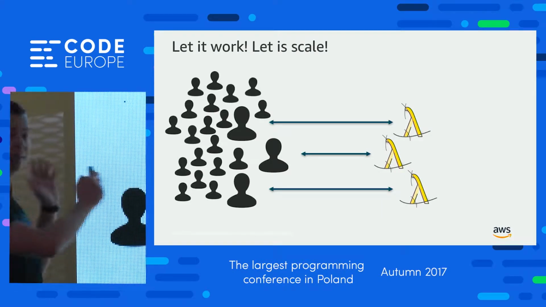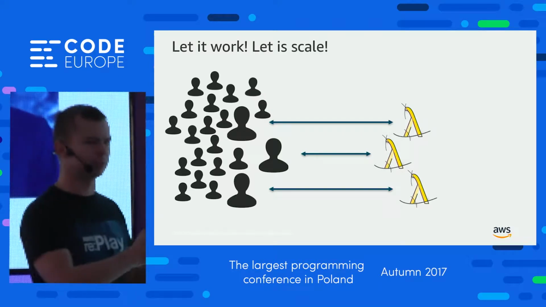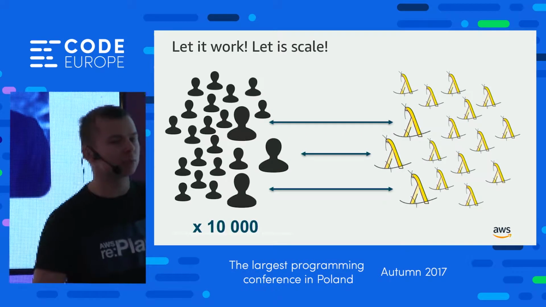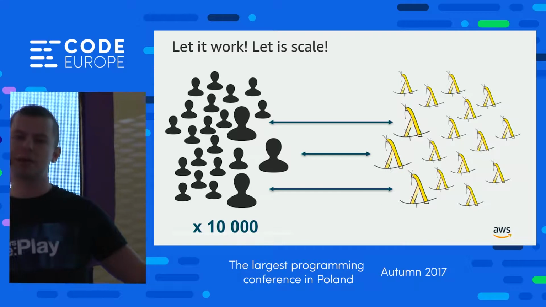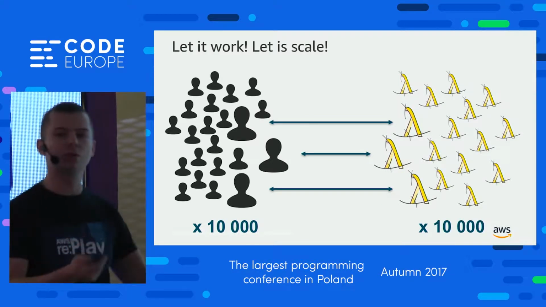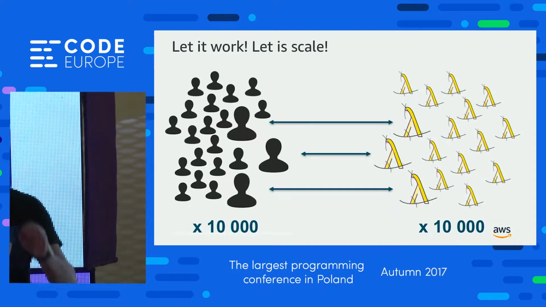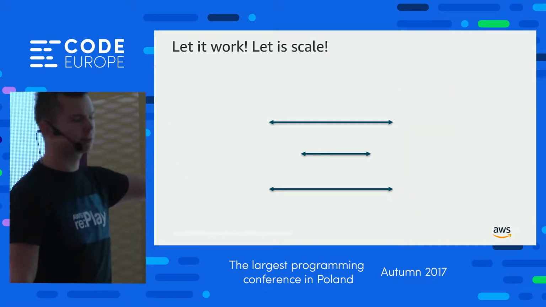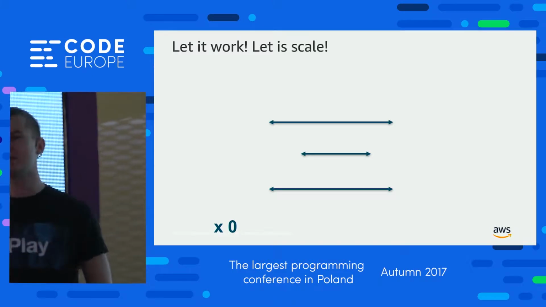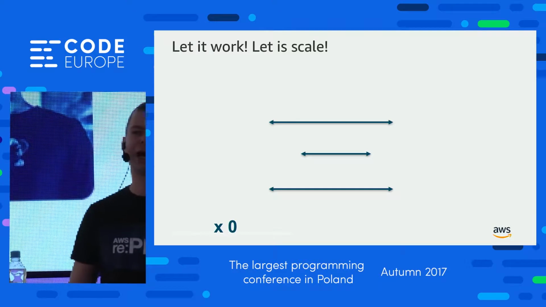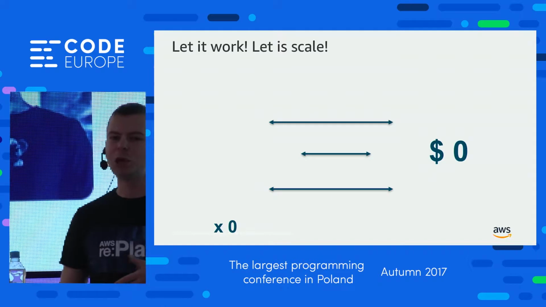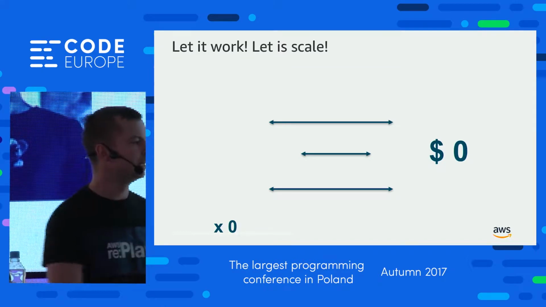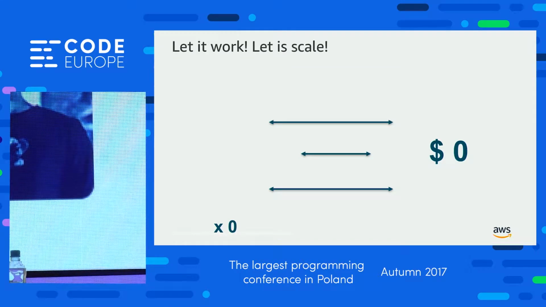If there are 10,000 users, because our application is really popular, then AWS will spin up 10,000 Lambda instances. We didn't need to configure it. But the coolest thing is that if there is nobody, because everybody is sleeping, maybe we are building a startup, maybe this is the middle of the night, 2 a.m., and nobody wants to use our application, there won't be any Lambda, so there won't be any cost.